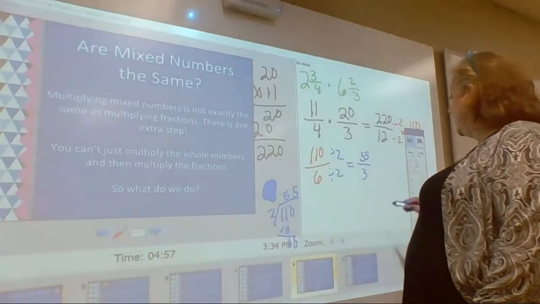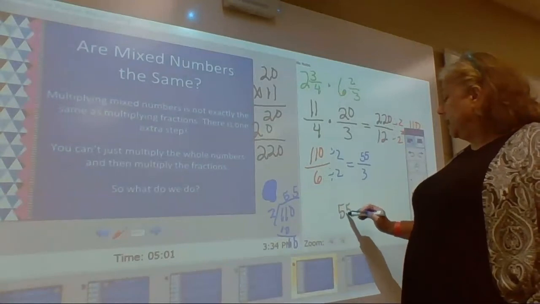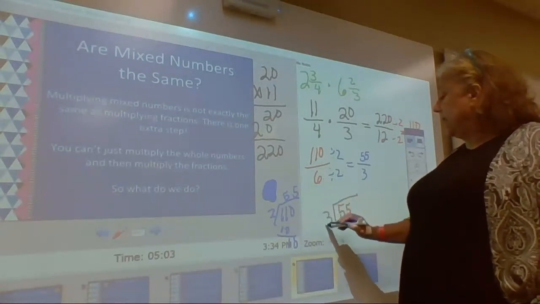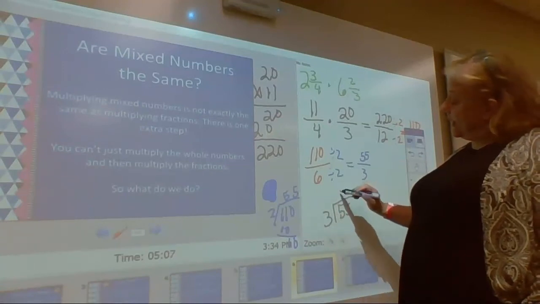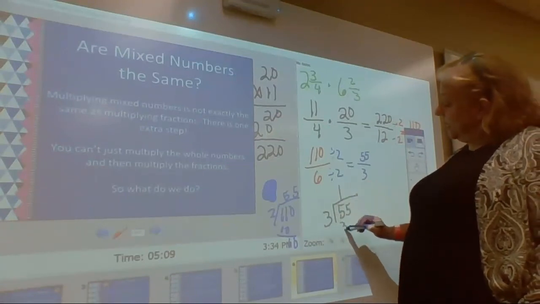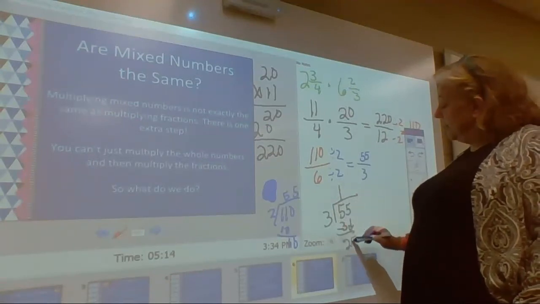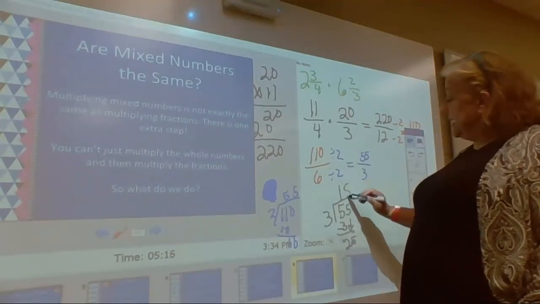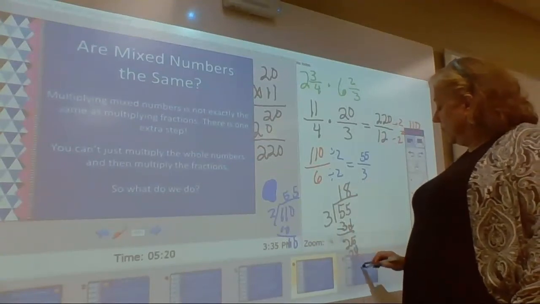So let's now do our division here. I have 55, and I'm going to divide that by 3. There is one group of 3 in 5, so that would be 1. We subtract, we get 2. Bring down my 5. 3 will go into 25 8 times. That would be 24, leaving 1.